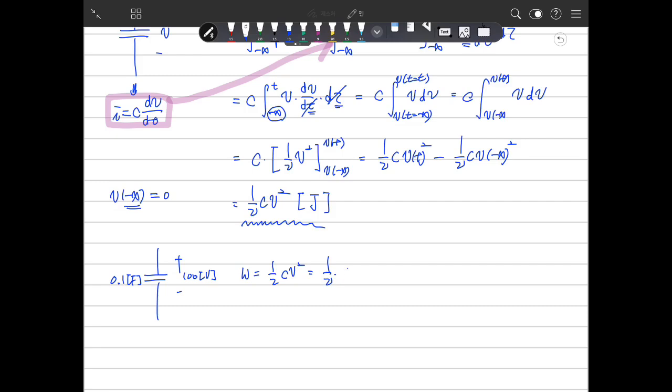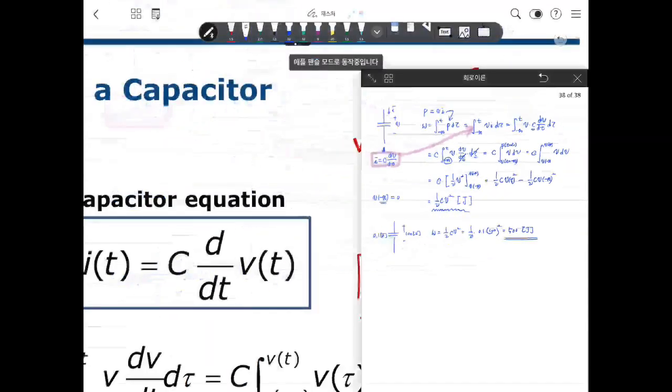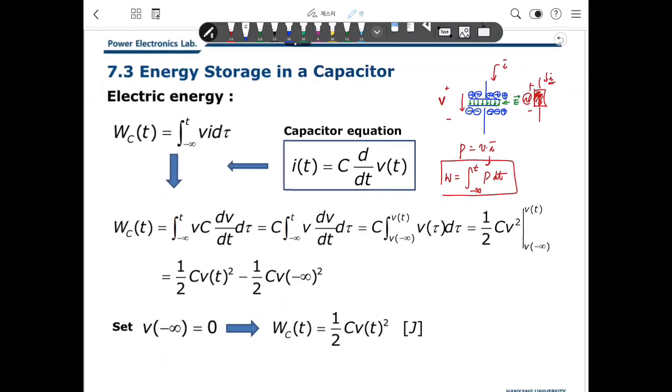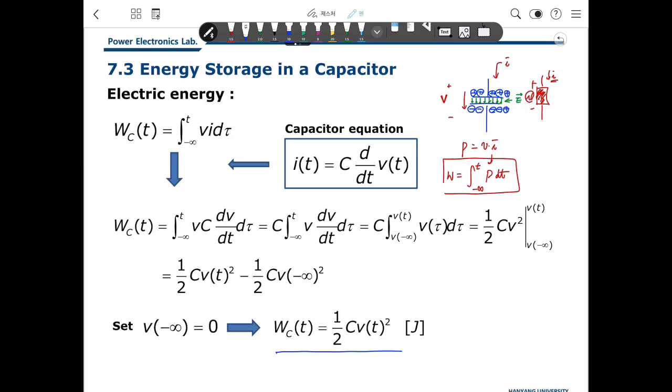So 0.1 times 100 squared. Excuse me, this is 500 joule. That's the energy stored in the capacitor. This is quite a huge amount of energy. So there is the result.